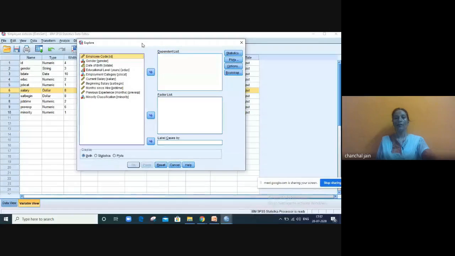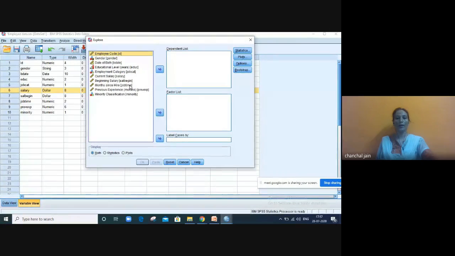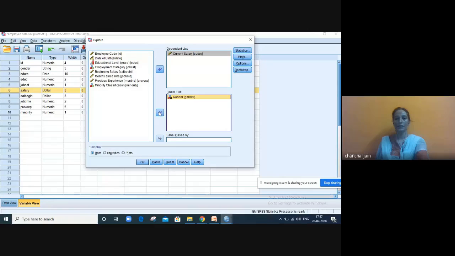When you click, a box will appear. Here there are two boxes given to you, the dependent list and the factor list. In the dependent list we need to transfer our dependent variable, and in the factor list we have to transfer our independent variable, that is gender. So this we have transferred.